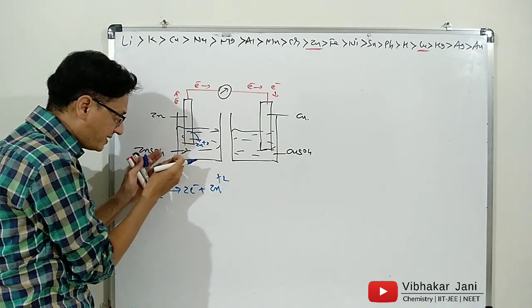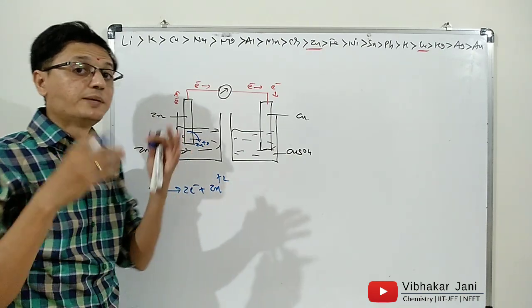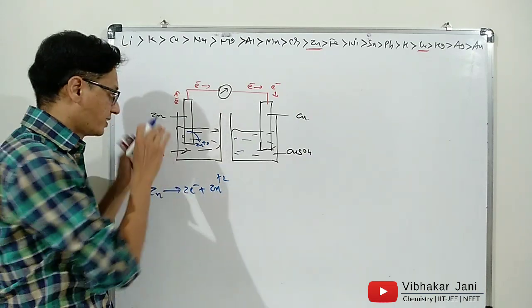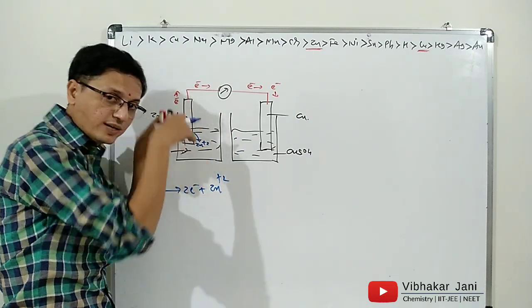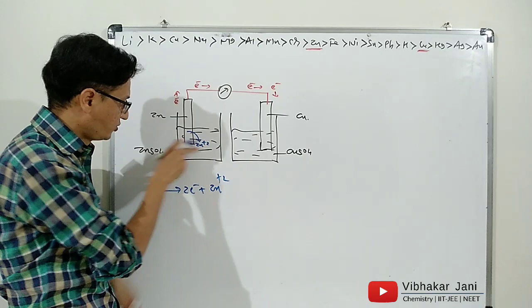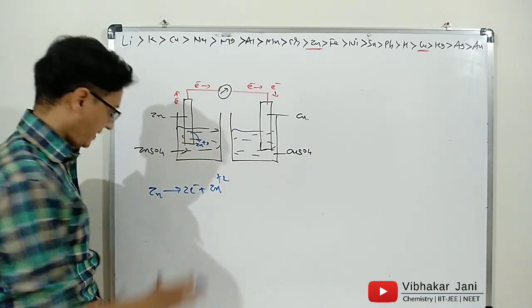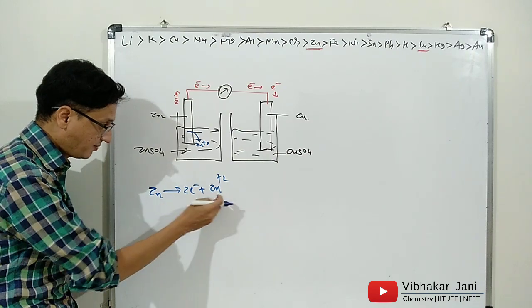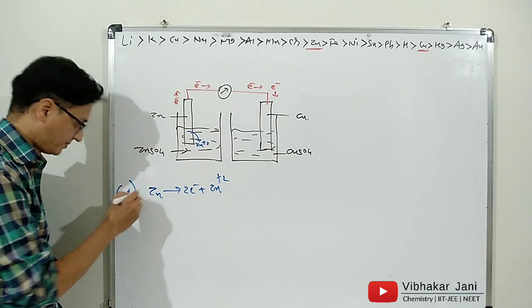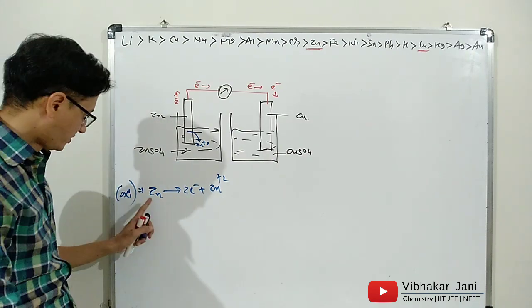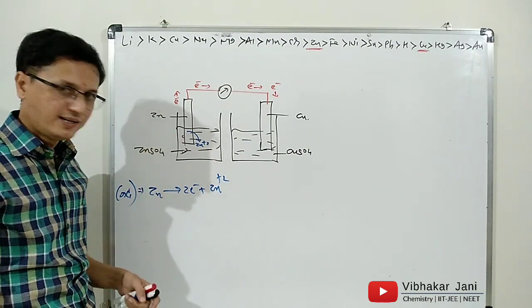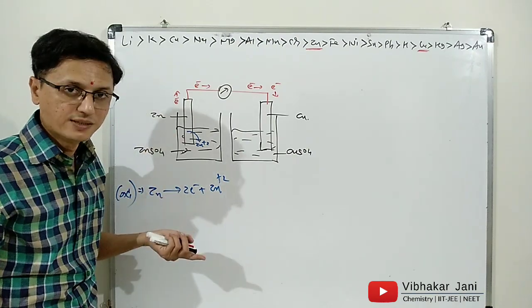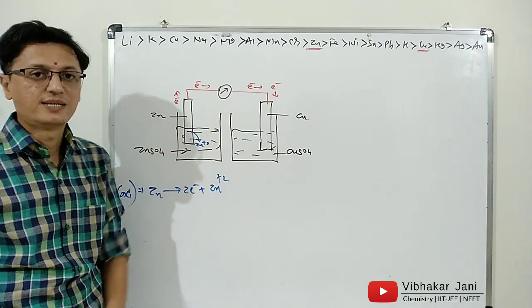There are already so many Zn+2 and SO4-2 present in the solution, but still more Zn+2 is coming into the solution from this rod. Now this reaction is the oxidation half reaction, because the oxidation number of zinc is increased and electrons are released. So this is an oxidation reaction.